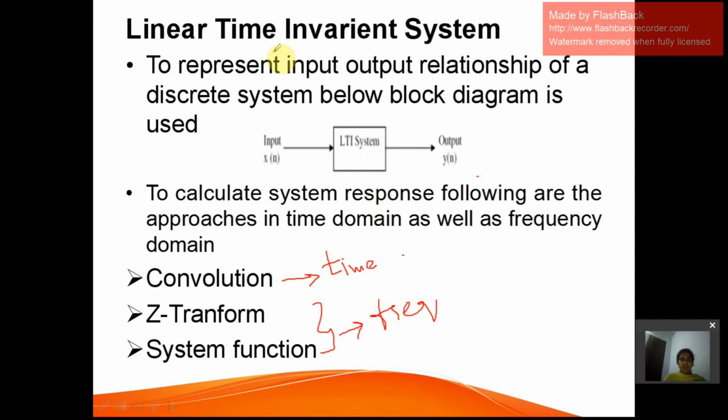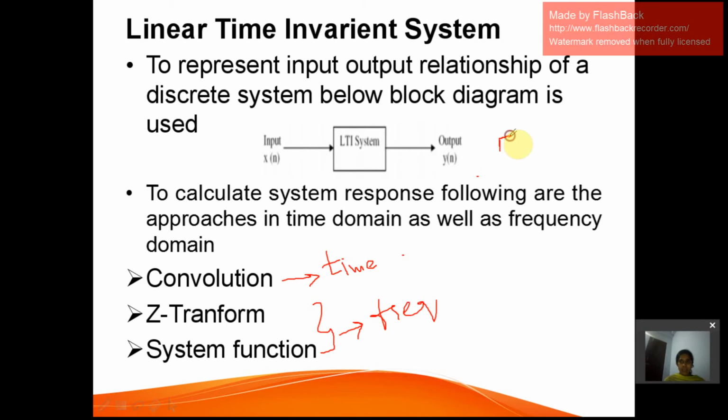As I said previously, what is a linear system? A linear system is a system to which the superposition theorem can be applied. What is the superposition theorem? It states for a linear system that the net response caused by two or more inputs is the sum of the responses each input would have caused on its own.